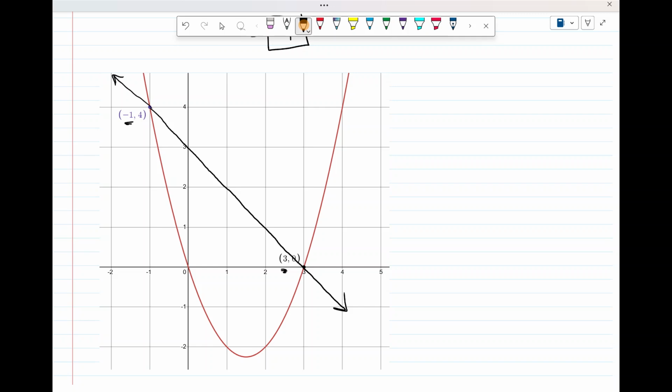What I'm really asking is, what would be the slope of that line if I took a more direct path? And if you find that slope, we'll say this is x1 and y1, and this is x2 and y2.